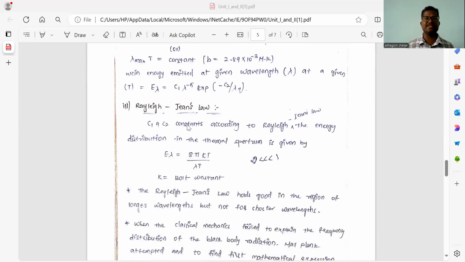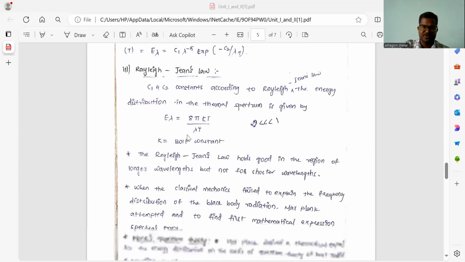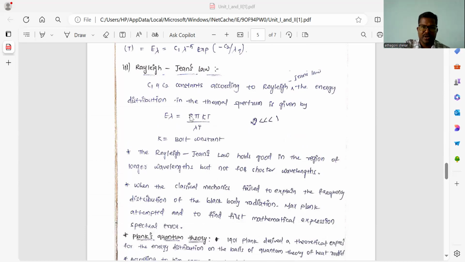And next, Rayleigh-Jeans law. Rayleigh-Jeans law, the energy distribution. According to Rayleigh-Jeans, it is given by one equation: E suffix lambda equal to 8πkT by lambda power 4.